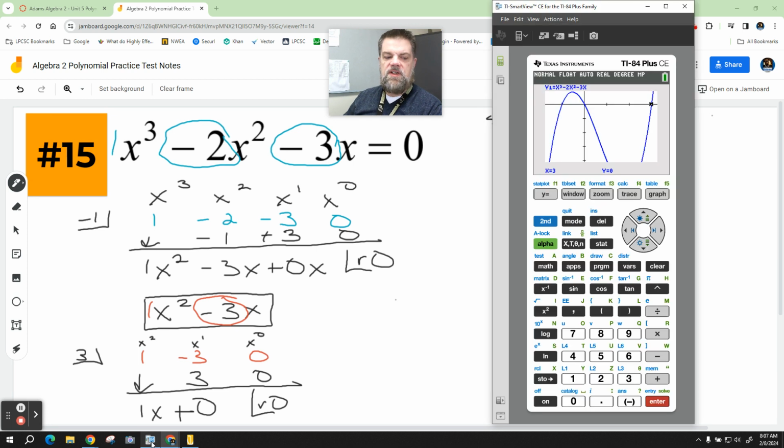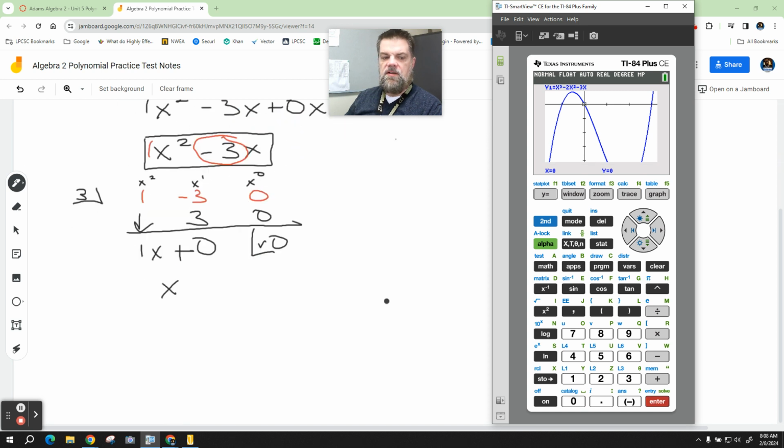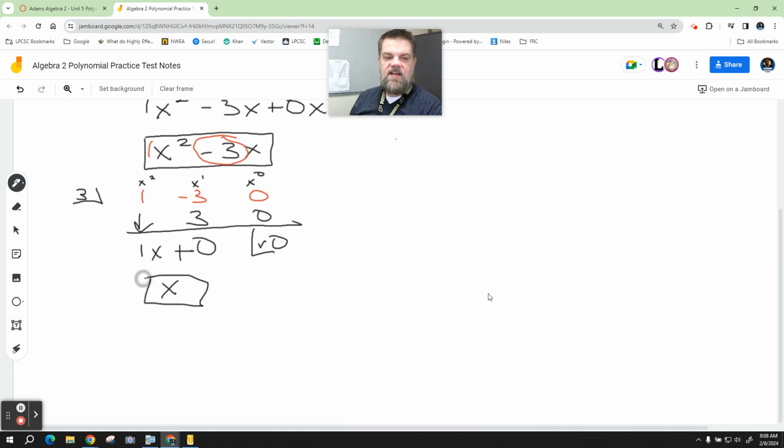Now the other thing we could do, it looks like it crosses at 0, doesn't it? Let's double check. Hit trace, enter 0. Yeah, it does. So now I'm going to, because this is our second answer, right? So now I say 0, and I only have x to the first power and x to the 0, right? Because this is x to the first power.